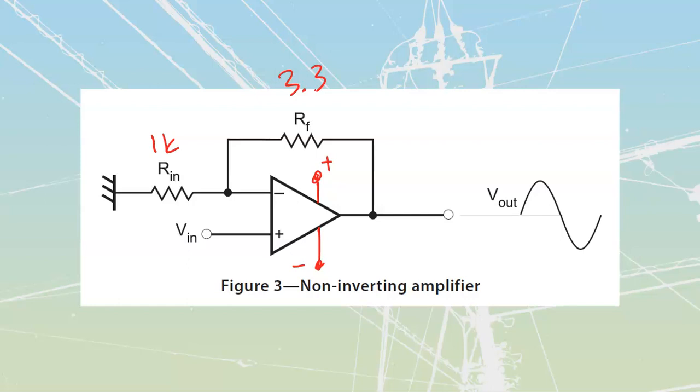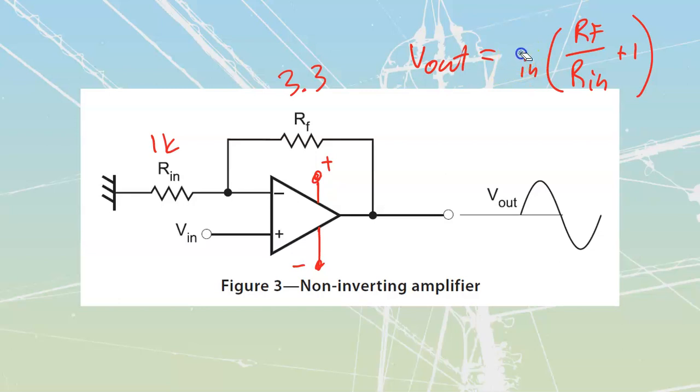Let's combine it all into a single formula. V out is going to be equal to my V in multiplied by RF over top of R in, plus 1. So we'll take all those values and put them all in.